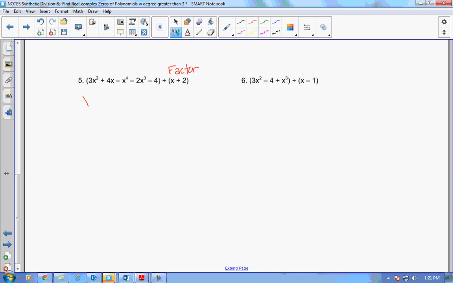What's the sign of x to the 4th? Negative x to the 4th. Okay, and then? Negative 2x cubed, or you say to the 3rd power. Okay, and then? Good.